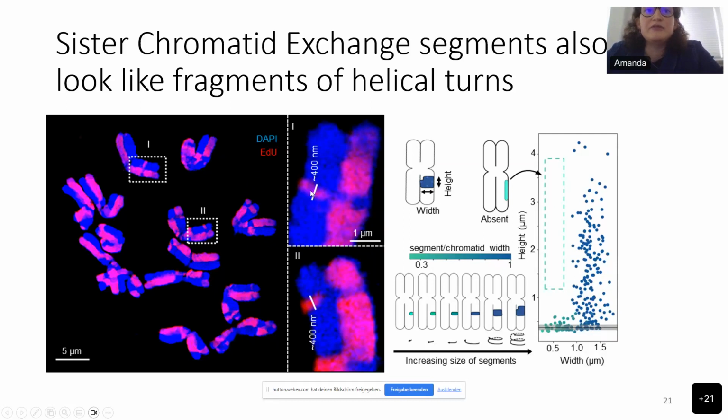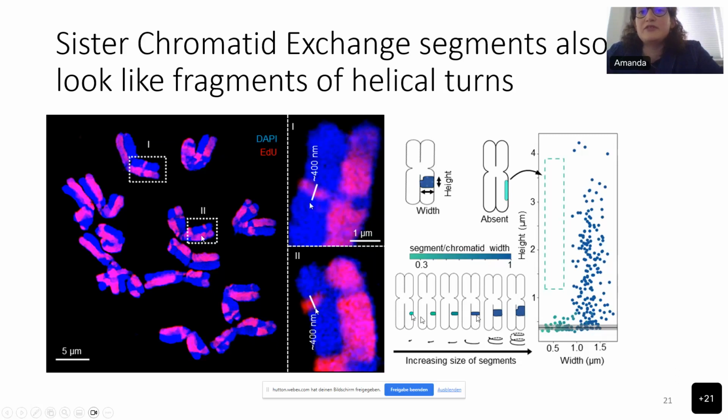And we are always looking for segments as small as possible. And we saw a pattern that when they are very small, they always had around 400 nanometers in height, but didn't cover yet the full width of the chromosome arm.